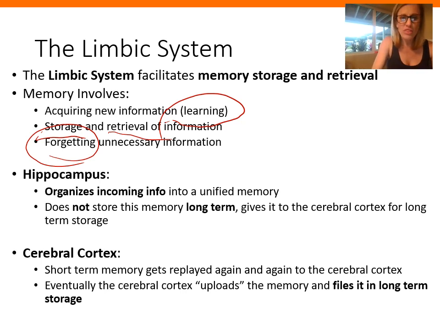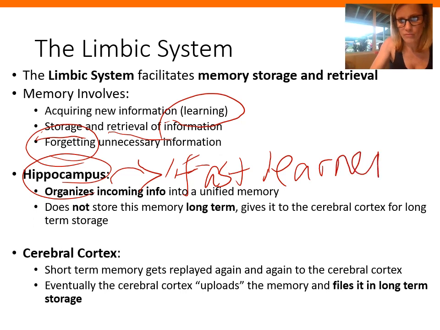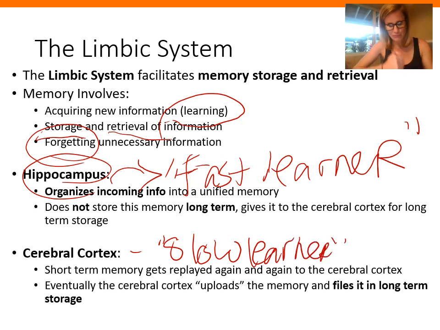So the hippocampus is what I just kind of nickname the fast learner. The hippocampus is a fast learner. The rest of the cerebral cortex, this mass of the cerebral cortex, is a slow learner.